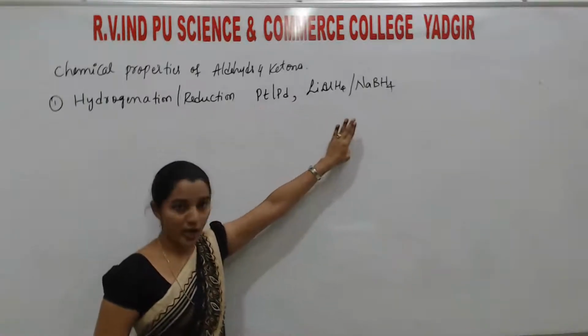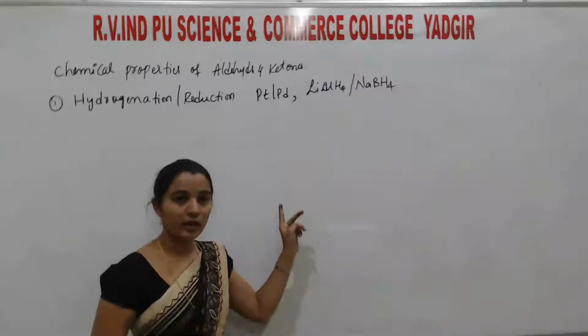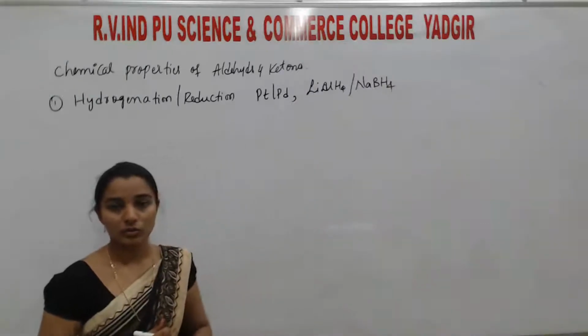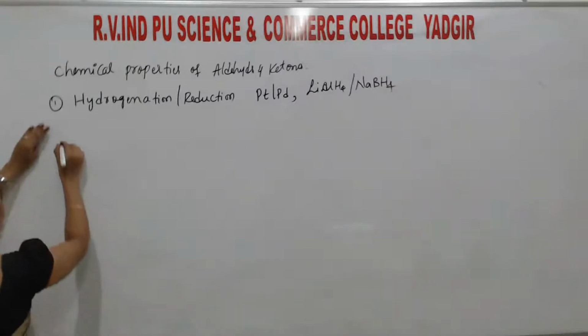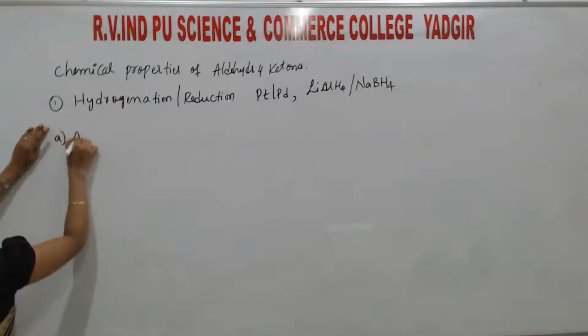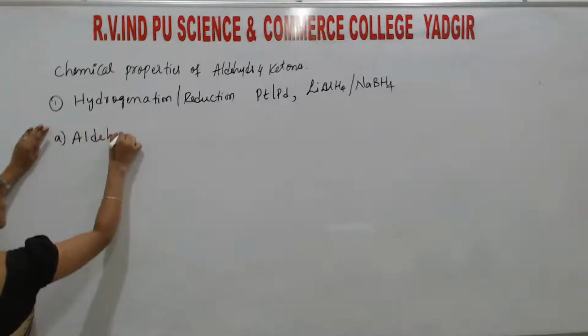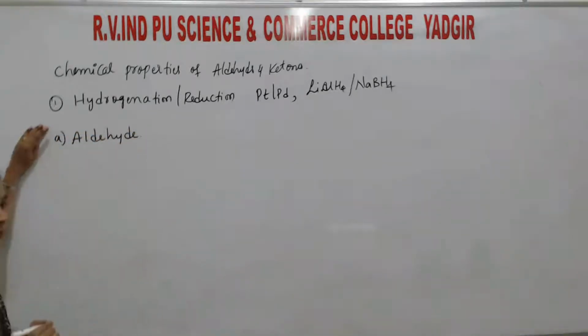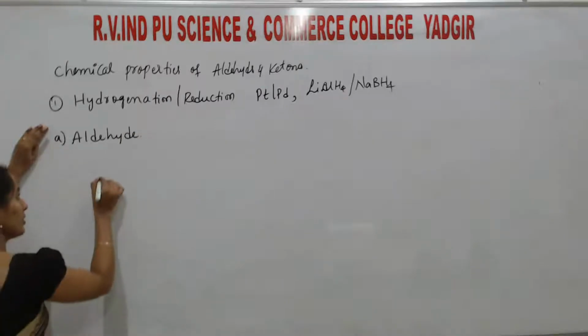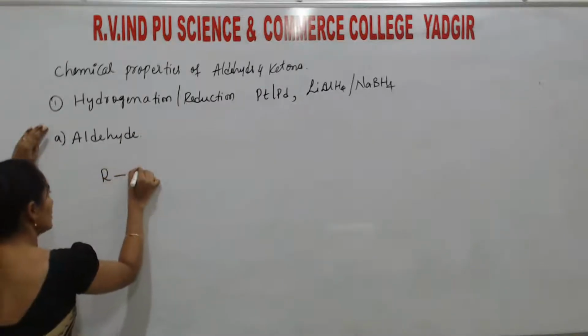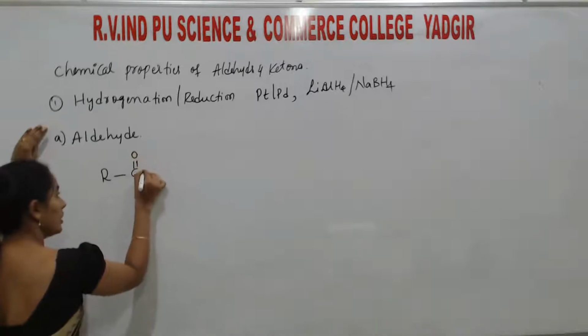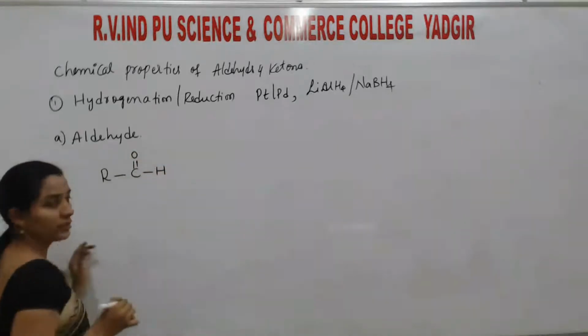Understand? So two reactions are going to happen. One is for aldehyde, another one is for ketone. So I will explain. First, if I take aldehyde as an example, I'll take the general formula R C double bond O H. Here H is there, correct?